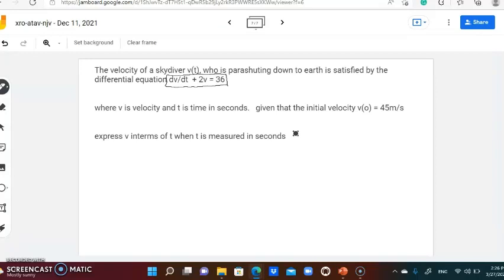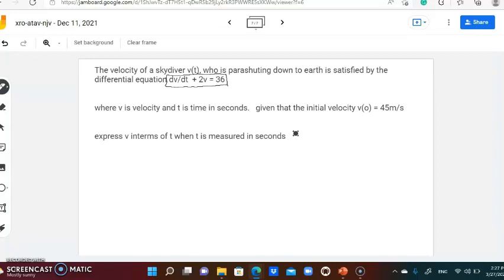We can express acceleration as the rate of change of velocity with respect to time, plus 2v is equal to 36, where v is velocity and t is time.